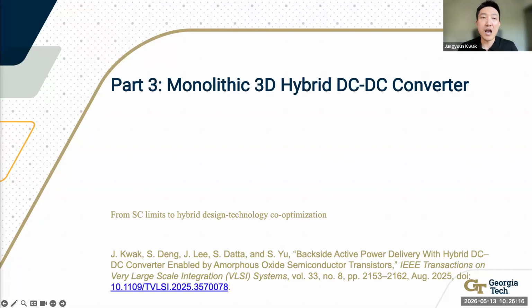Hybrid converters combining inductors and capacitors have been widely studied in prior works to reduce the charge sharing loss, lower voltage stress on switches, and achieve a high conversion ratio with compact passives, both in off-chip discrete implementations and on-chip fully integrated designs in standard complementary metal oxide semiconductor or using power transistors. To the best of my knowledge, none of them address the back-end line compatible constraint or the 12 volt input.